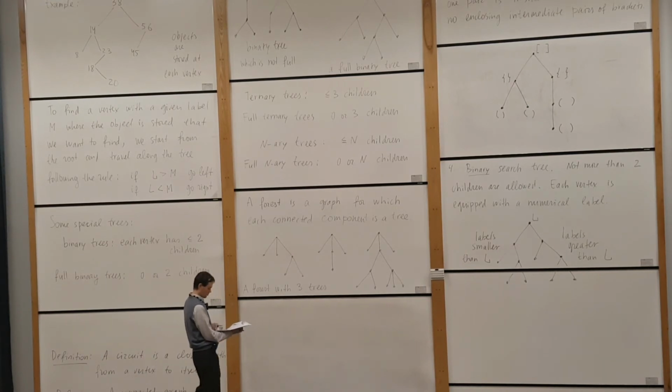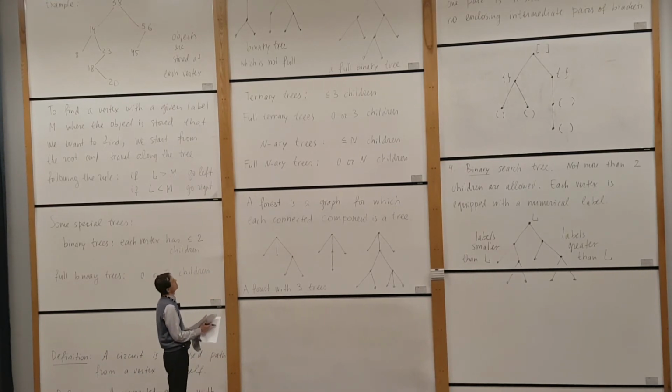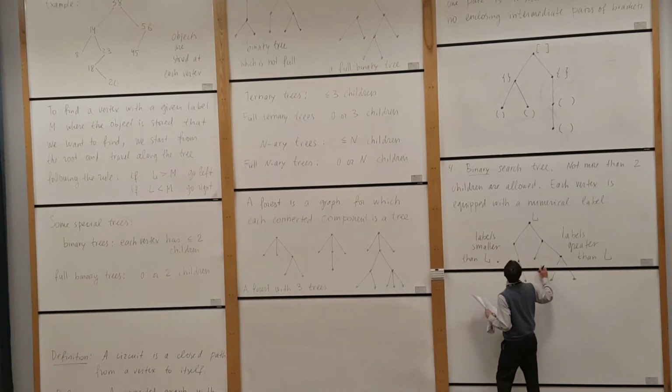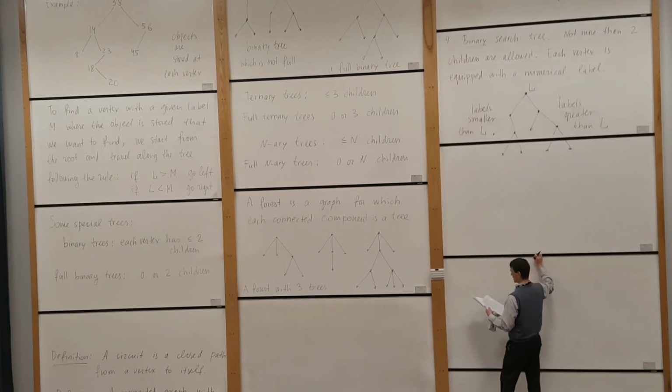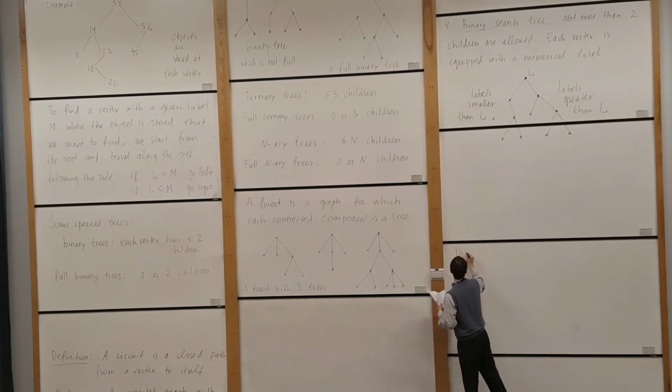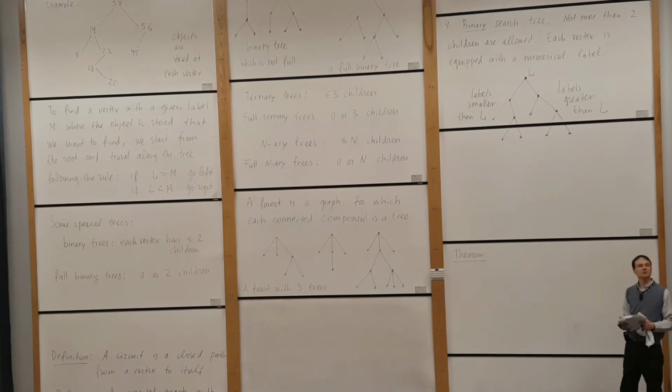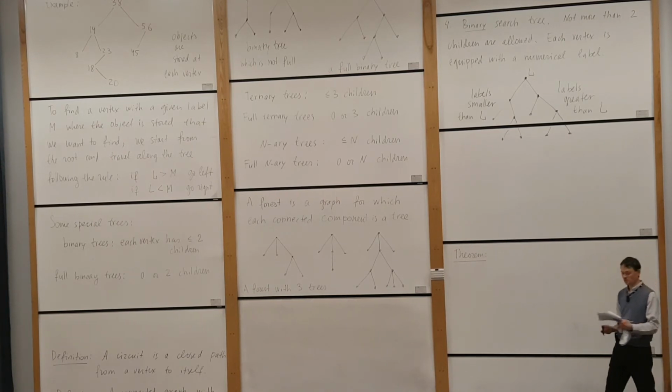All right. So let's next discuss the special properties of trees. So we'll formulate this as a theorem which lists two properties, each of which can be used as an alternative definition of a tree.